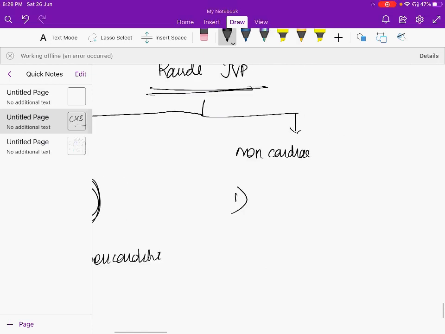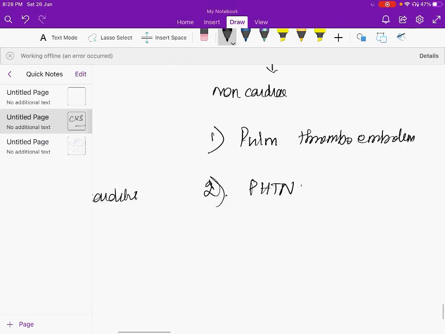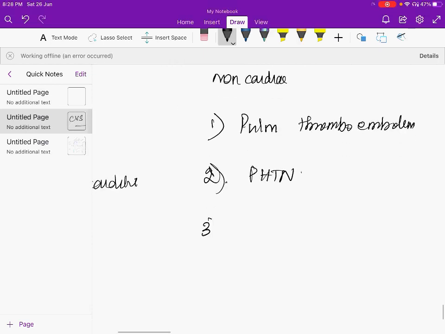Okay. So non-cardiac causes, first one is pulmonary thromboembolism. So next one, pulmonary hypertension. Any other volume overload, any other organ failure, even liver failure, renal failure, can cause raised JVP.